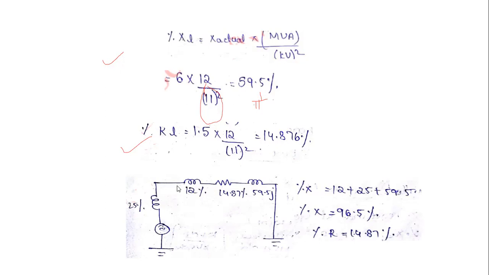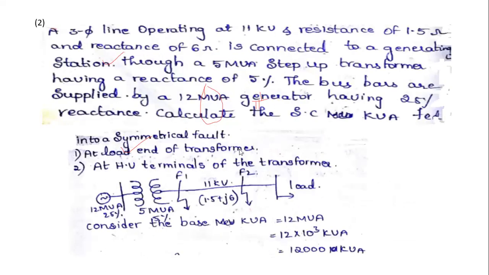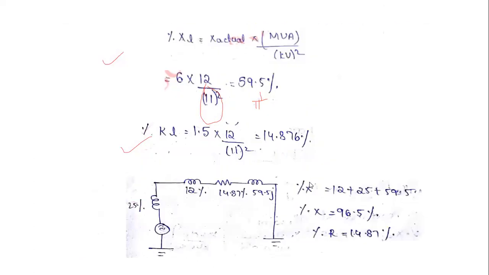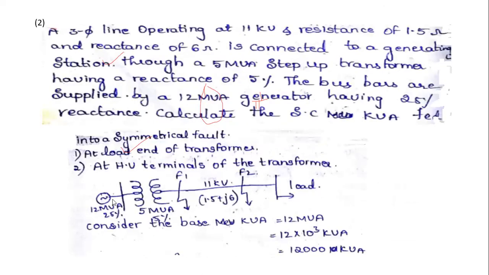Then we draw the equivalent reactance diagram. How will we draw the equivalent reactance diagram for the single line diagram? First, in the single line diagram, we are having the generator. What is the equivalent reactance diagram for that generator?